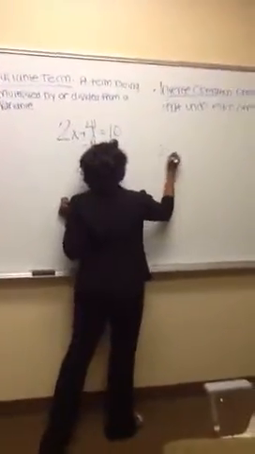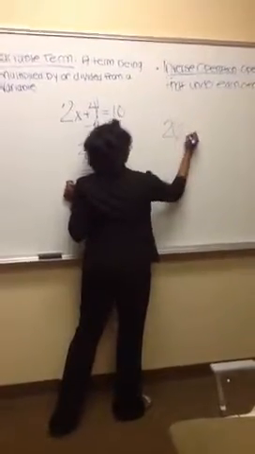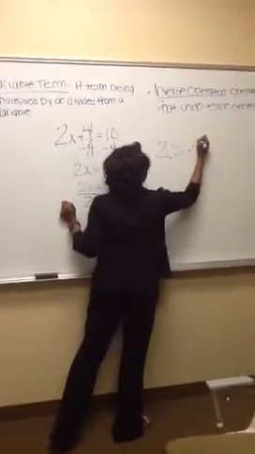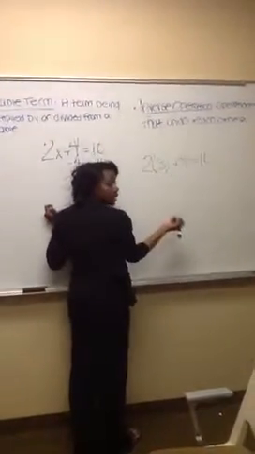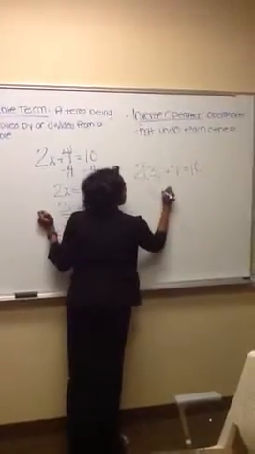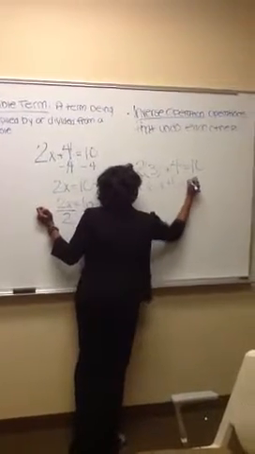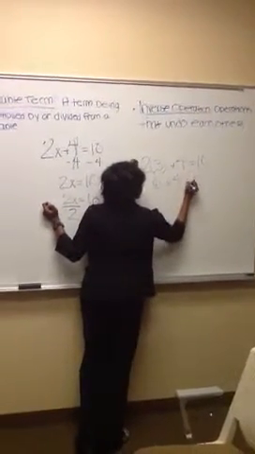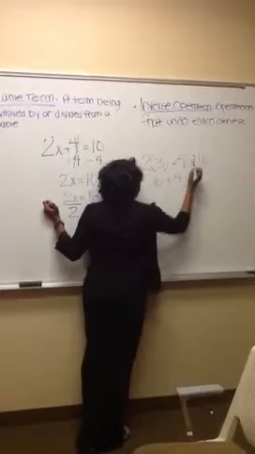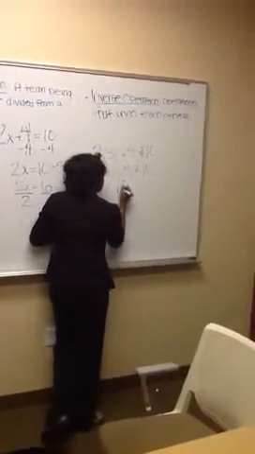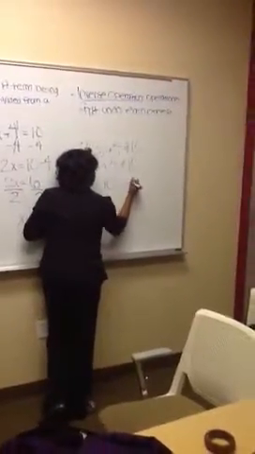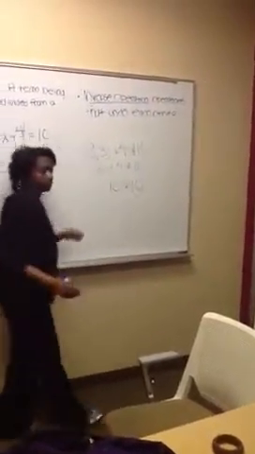So this is 2 times 3 plus 4 is equal to 10. 2 times 3 is what, class? 6. 6 plus 4 equal to 10. We still don't know if this is correct, so we put a question mark at our equal sign. 6 plus 4 is 10. 10 does equal 10, so our work is correct.